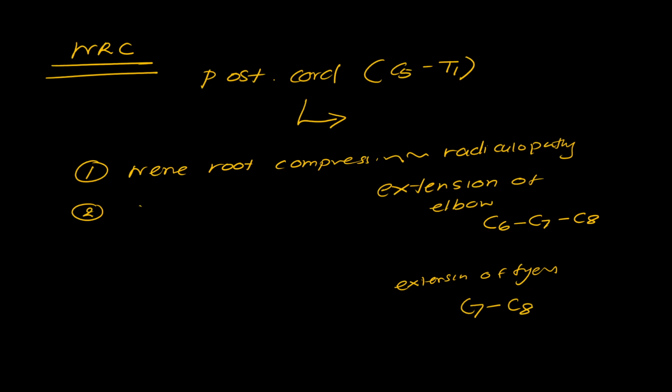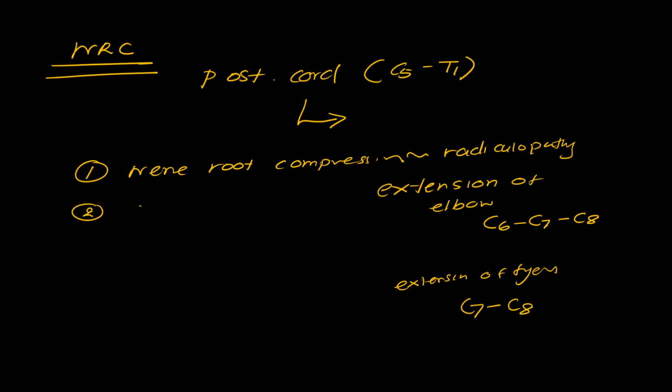So if there's a lesion in C6, there will be weakness in elbow extension, but there won't be any problems with finger extension. So it is something of that sort.